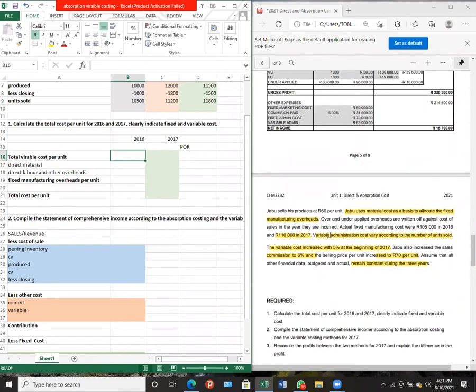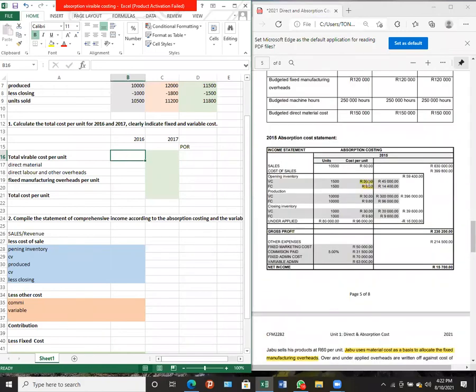From the additional information, the variable cost is increased by 5% from the beginning of 2017, which means in 2016 the variable cost remains constant, which is 30 rand. And then our fixed cost, it was how much? 9 rand 60. Are we together?